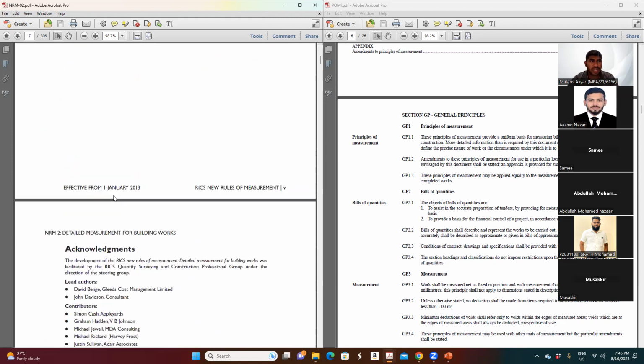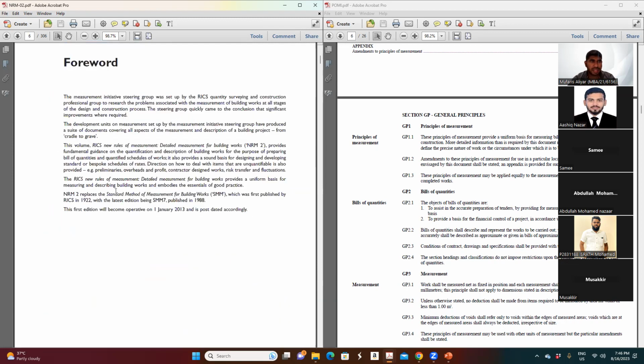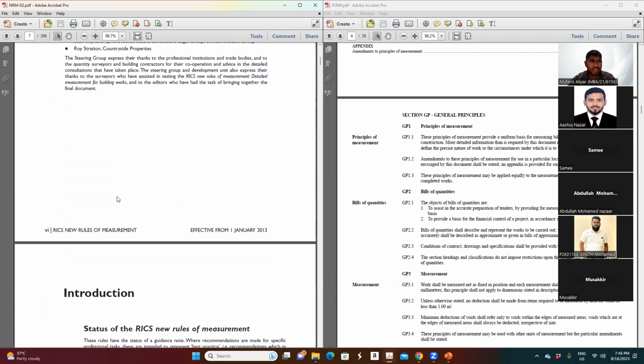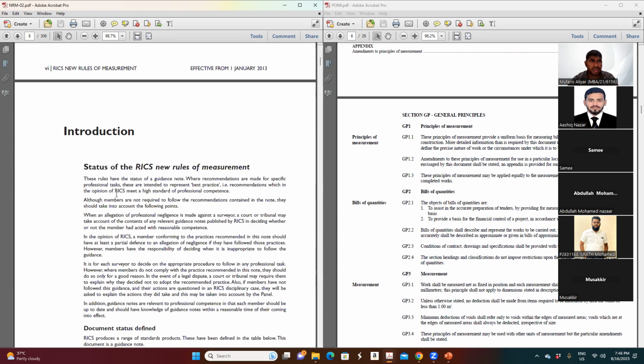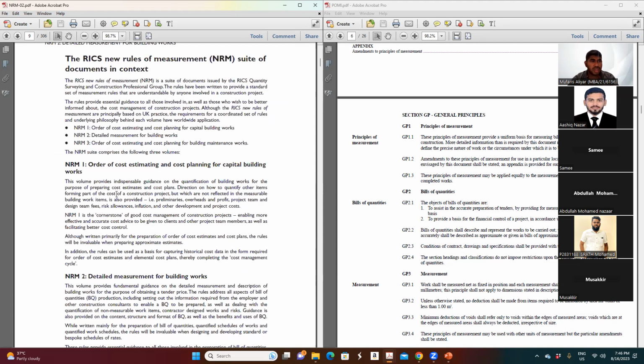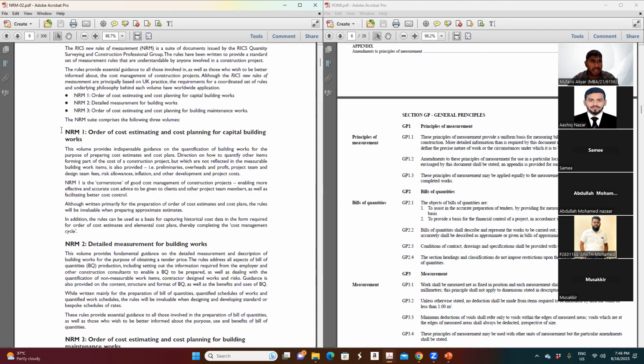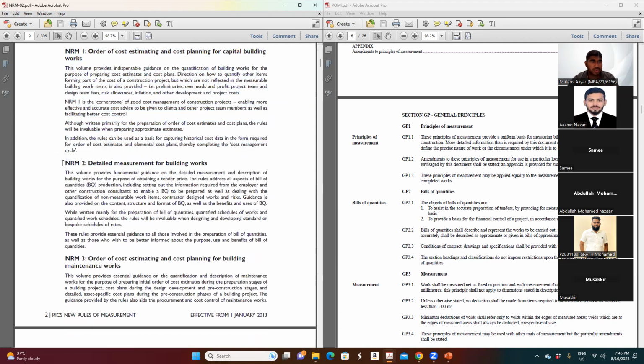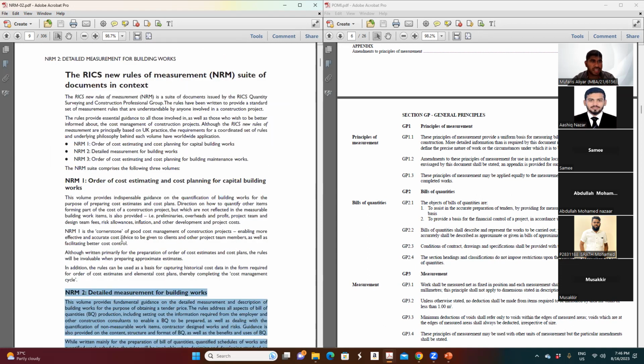Then these others we don't need to spend time on. It is like a message acknowledgement and the introduction to NRM2. Then they give guidance here: what is NRM1, what is NRM2, and what is NRM3. You can download it and check. Here they mention order of cost estimate and cost planning for capital building works.